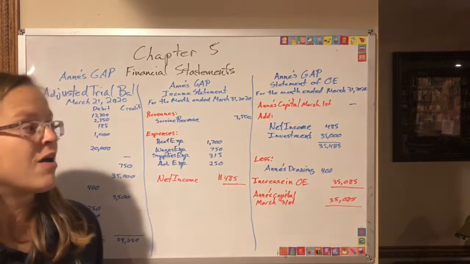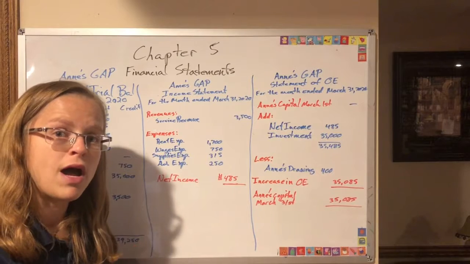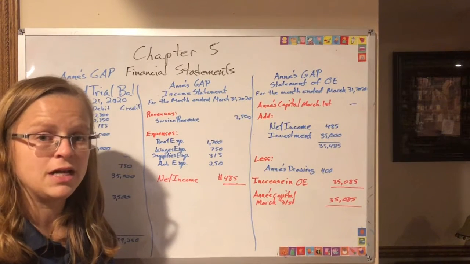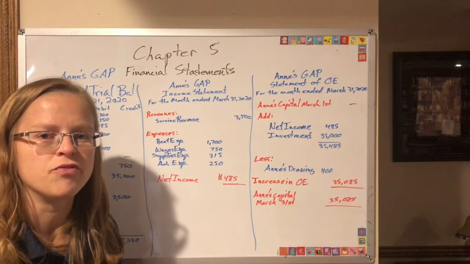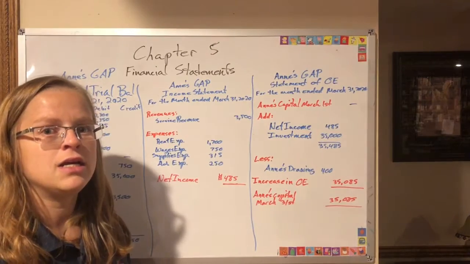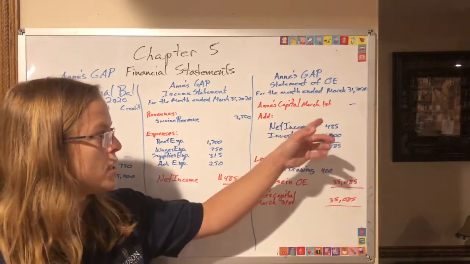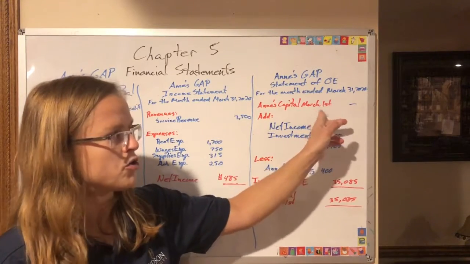So we see that the total with the net income equals $35,485. Now, if Ann did have income invested prior to opening the organization, say the organization had been running for a long period of time and Ann had already invested money in it, that would show up under Ann's capital from March 1st.